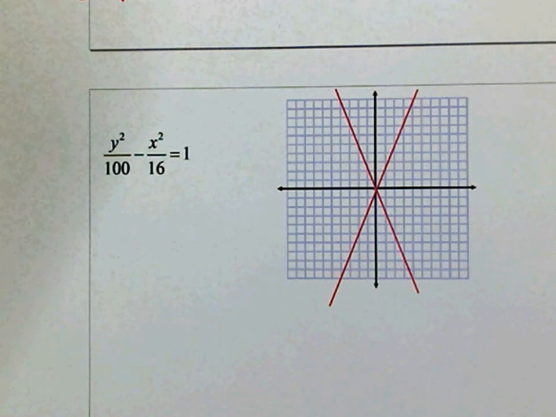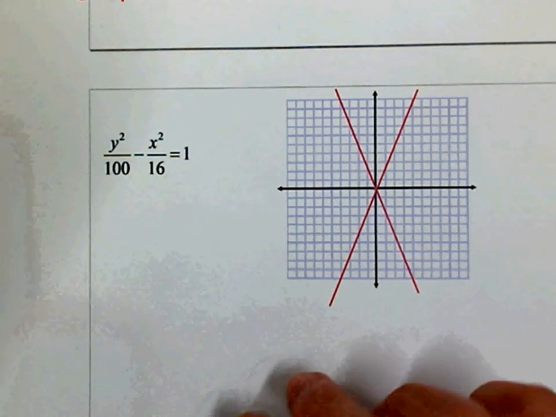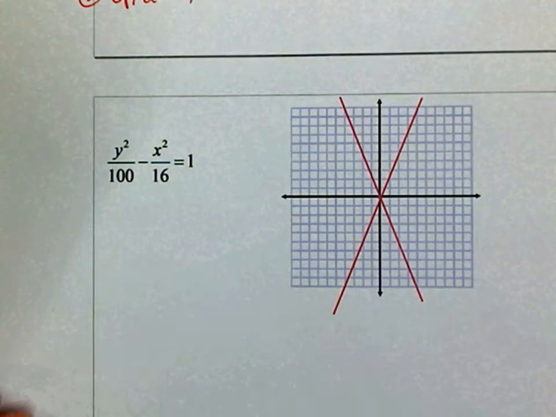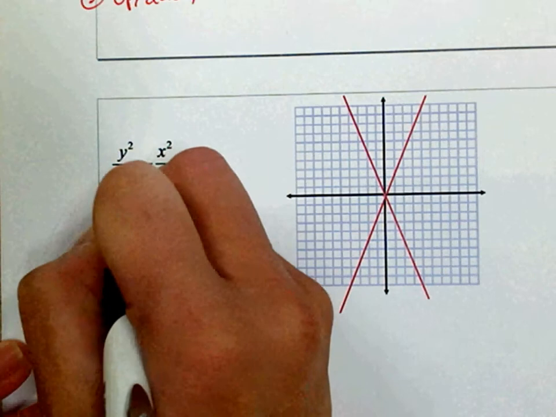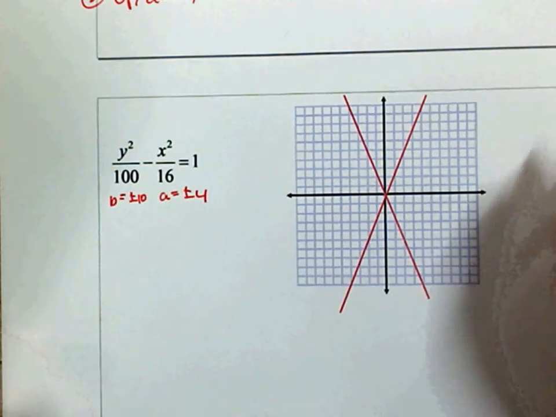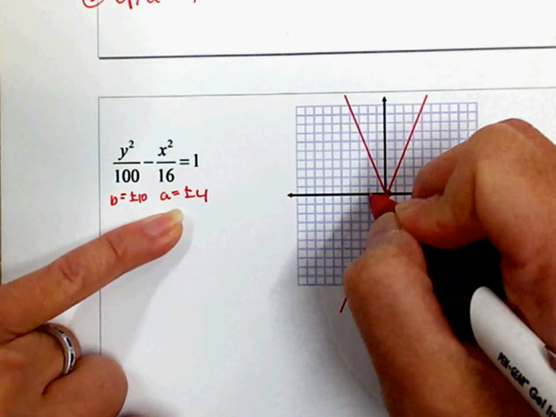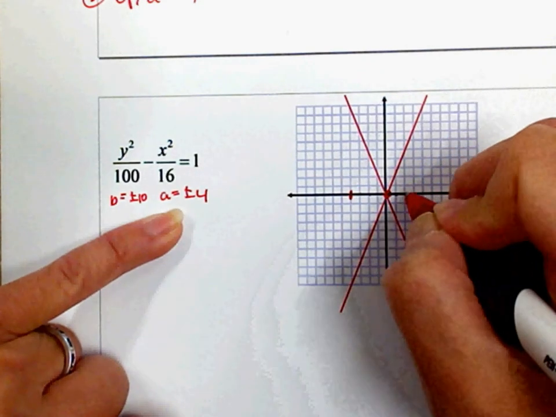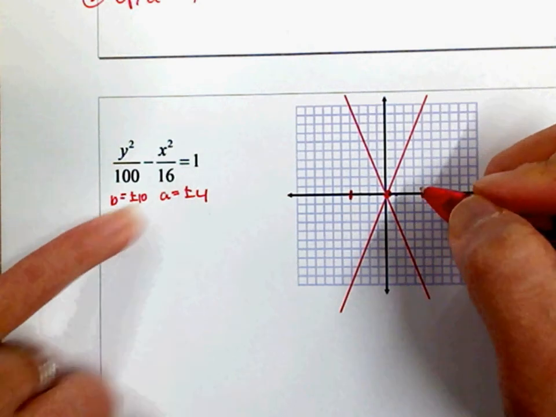Okay. Now let's finish this real quick. Your A is plus or minus 4 and B is plus or minus 10. So your center is 0, 0. 1, 2, 3, 4. 1, 2, 3, 4. Remember, I like to keep my X with my A, and Y with my B. 10 and 10.